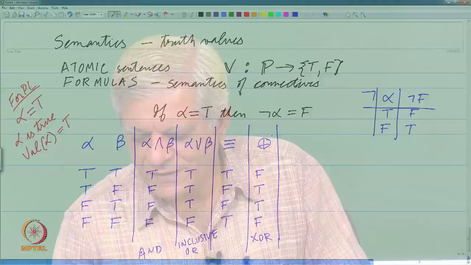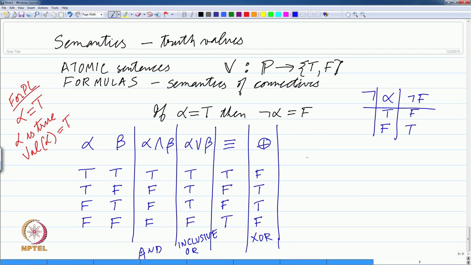So, from this you can kind of guess that if you have a formula of the kind not of alpha XOR beta, then this must be logically equivalent to alpha equivalent to beta.